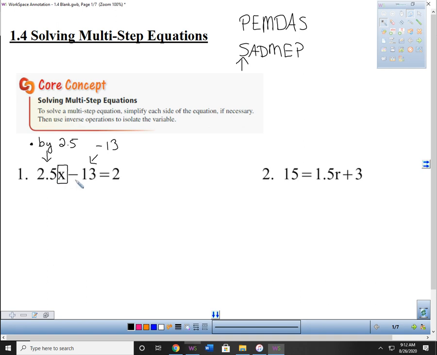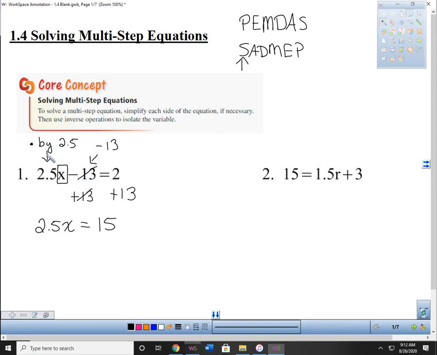So to undo the subtracting 13, I would add 13. And what I do to one side of the equal sign, I have to do to the other. So the negative 13 and the positive 13 are going to cancel. And on this side, I am now left with 2.5 times x equals, and then on this side, 13 and 2 make 15. So now I have undone the subtraction.